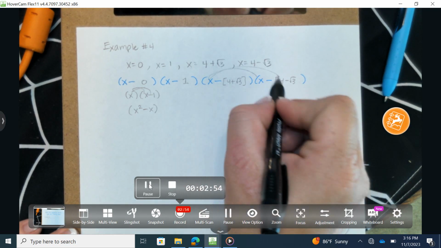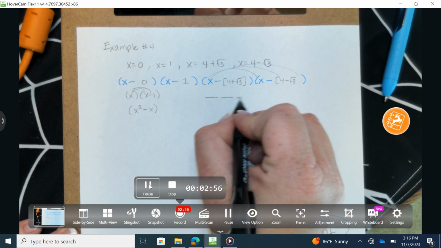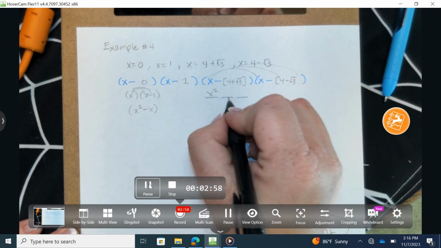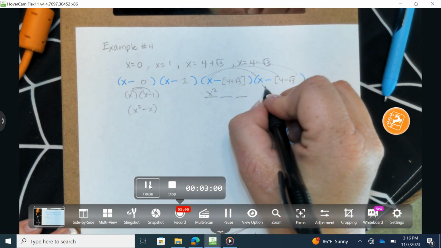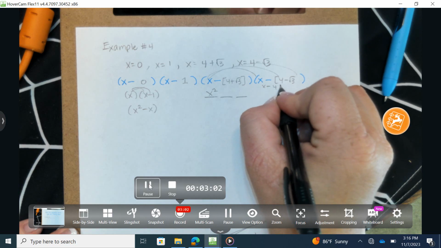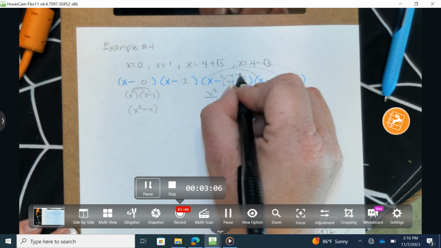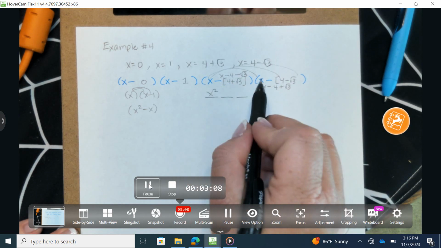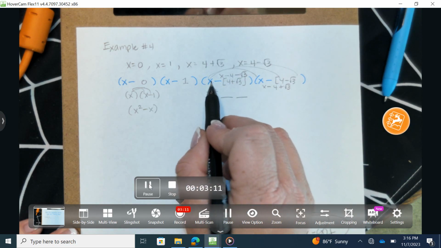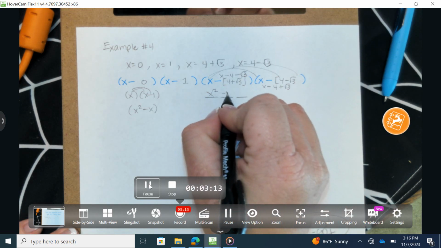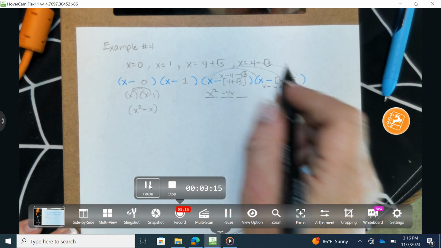I'm going to start by distributing the x, and I get x squared. Oh, I got it. This is tricky. X minus 4 plus radical 3, and this is x minus 4 minus radical 3. Okay, so x times x, times negative 4, x times positive 3.